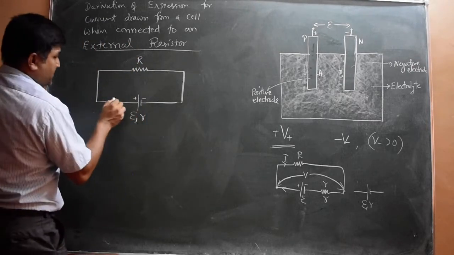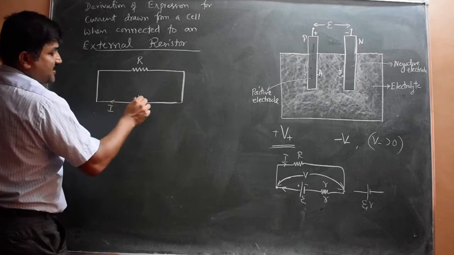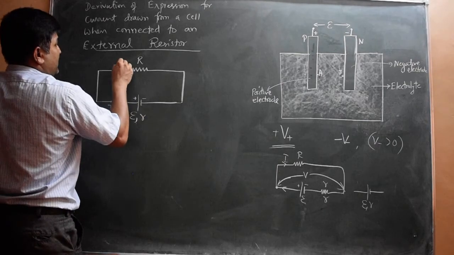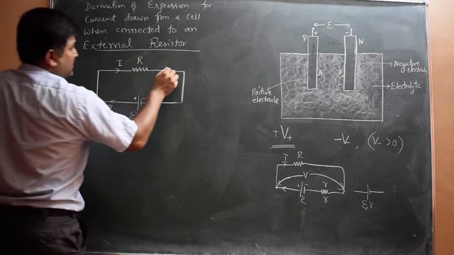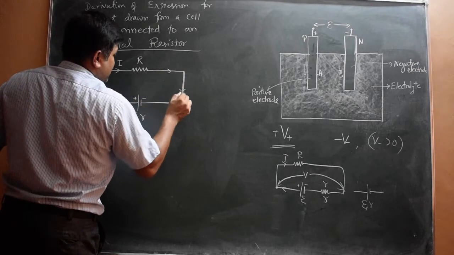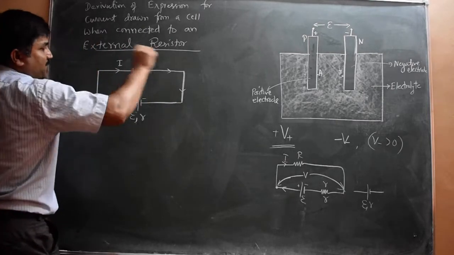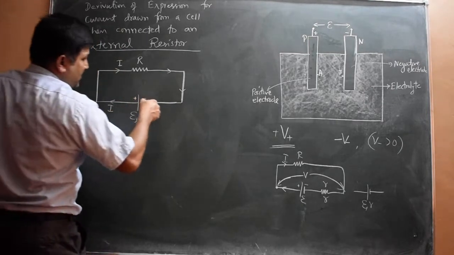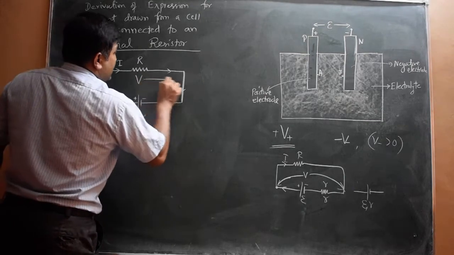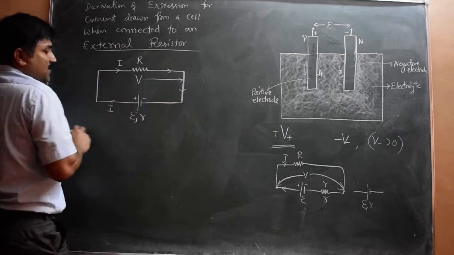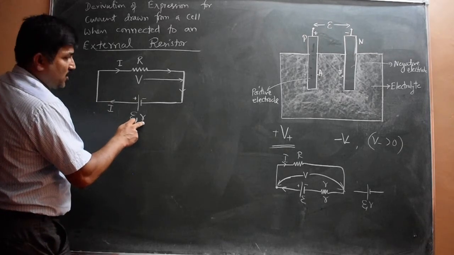Now we have to get the expression for the current drawn from the cell, and the current flowing in the external resistor is also I only. So this is the current which is flowing like this. The current flows in a clockwise direction, and actually electrons flow in the anti-clockwise direction. The EMF of the cell is epsilon, internal resistance is small r.